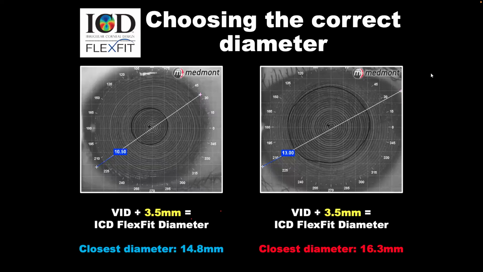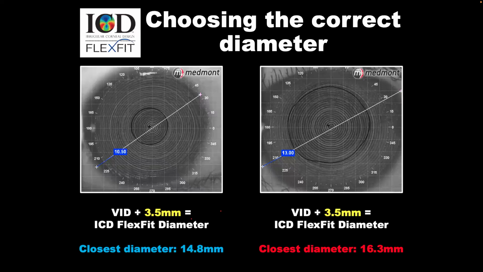If you see this image here, you can see that we have a 10.5, and with a 3.5, that should be like a 14. Then we should go to a 14.8, right? But with a 13, which is a huge cornea, I've seen little corneas being that large, but mainly 12.2, 12.5.